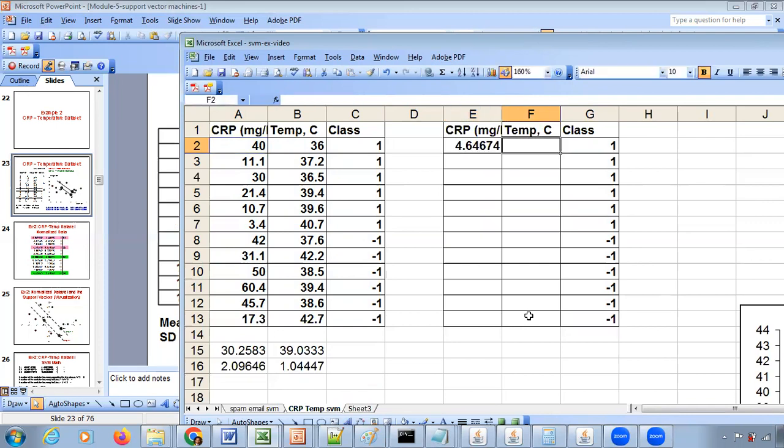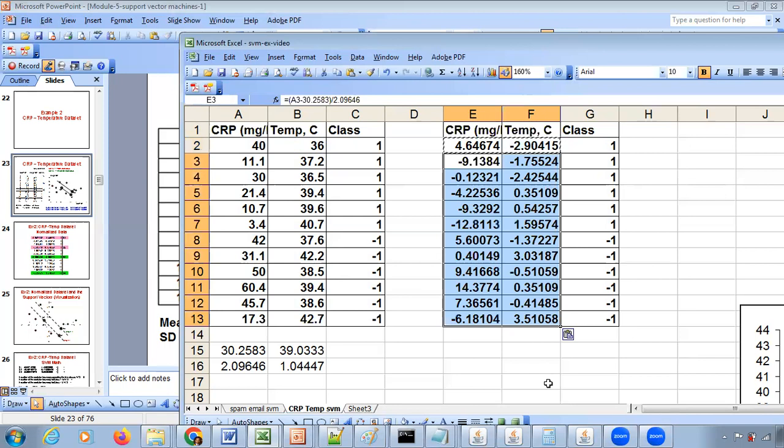That's the normalized value. And this is going to be B2 minus the temperature mean, 39.0333, divided by 1.0447. Now we can copy and paste this for the other cells. So the mean and standard deviation, the standard normalized or standardized data, either way is fine, is computed.